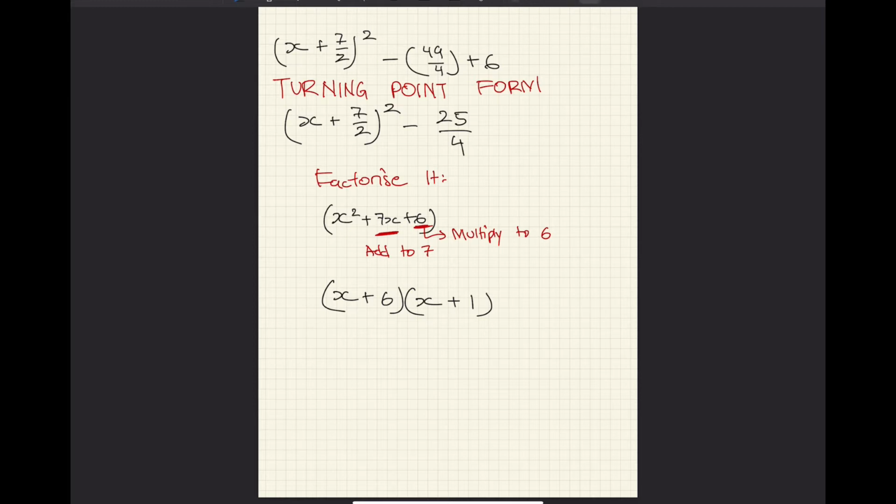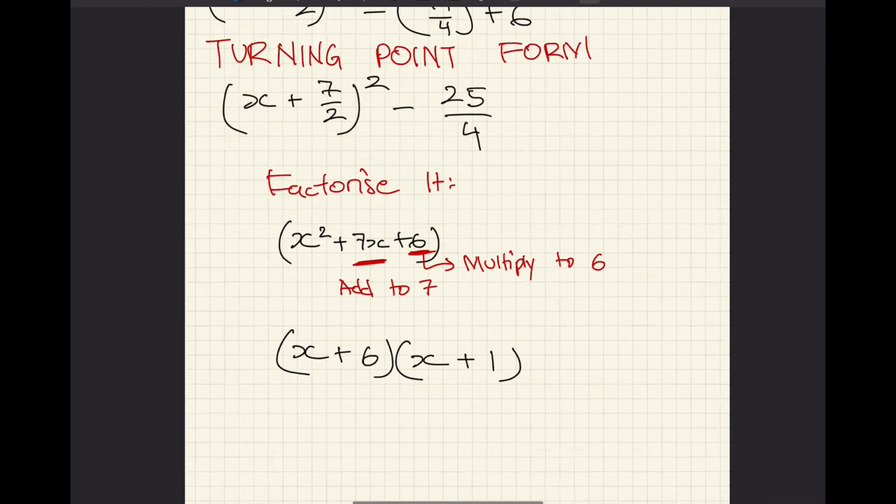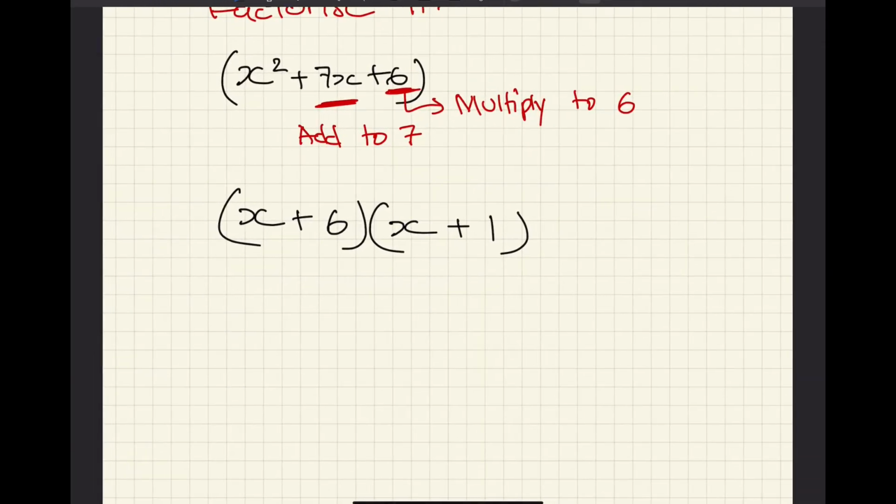So what we do is we write it out in the form x plus 6, x plus 1. So if you think about what we learned just a couple minutes ago, using our FOIL technique, x times x is going to be x squared plus x plus 6x plus 6.